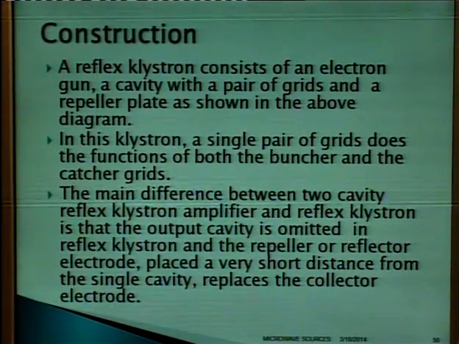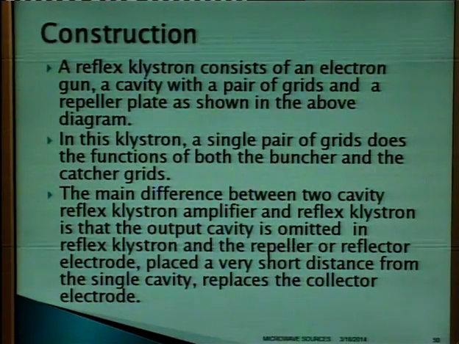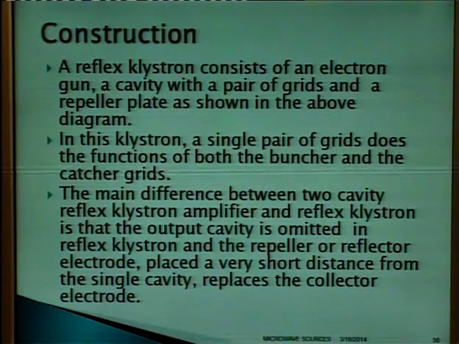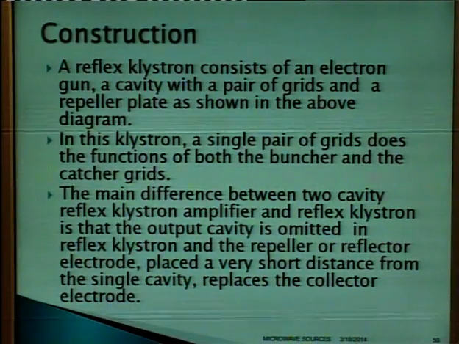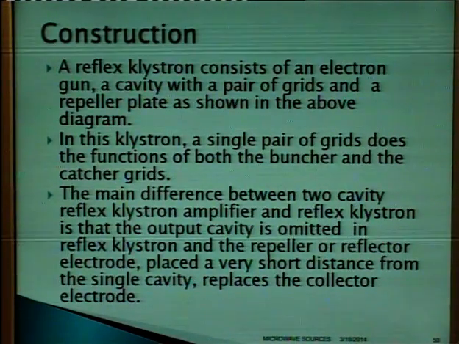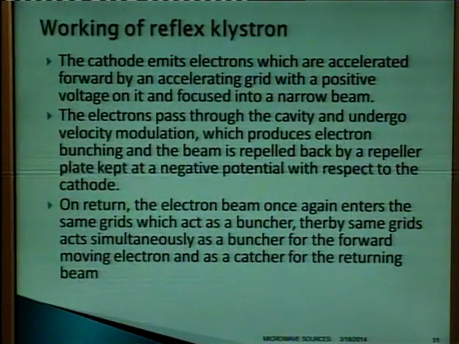The main difference between the two-cavity klystron amplifier and the reflex klystron is that the output cavity is omitted in the reflex klystron, and instead we use a repeller or reflector electrode, placed at a very short distance from the single cavity, which replaces the collector electrode.